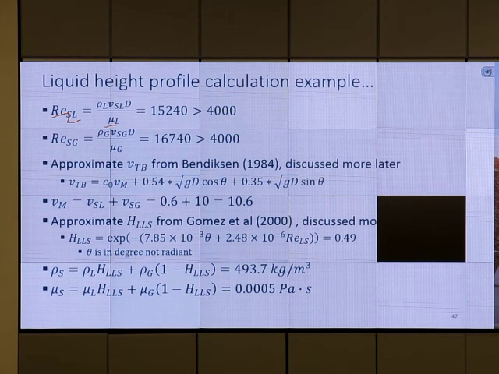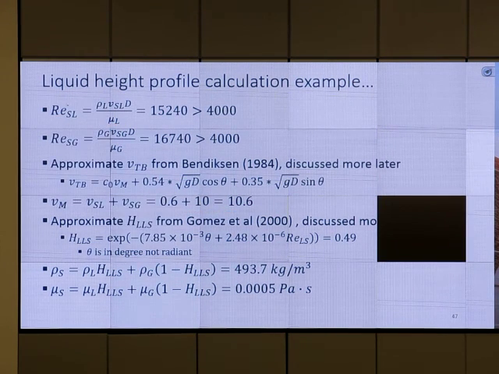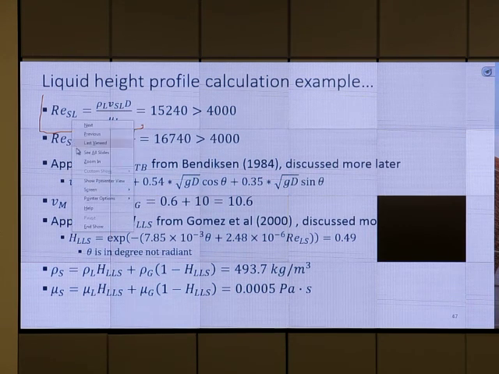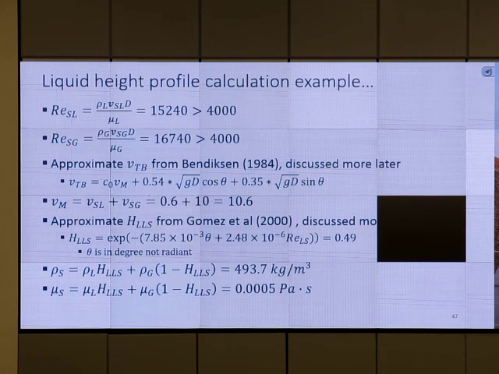You will help me check it. You see this RESL and the RELS that we talked about early on. This is different. Okay, this is RESL, superficial Reynolds number for liquid; for gas, I calculate it.